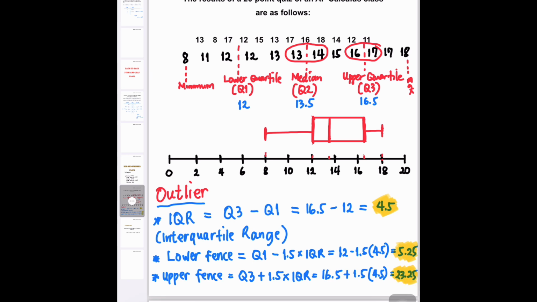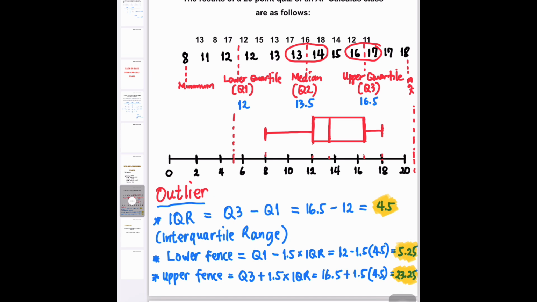All right, so after obtaining these values, then we can simply look back at the data values that we were given. So the lower fence, 5.25, is somewhere around here. And the upper fence is 23.25. So somewhere here, say for example, is here.